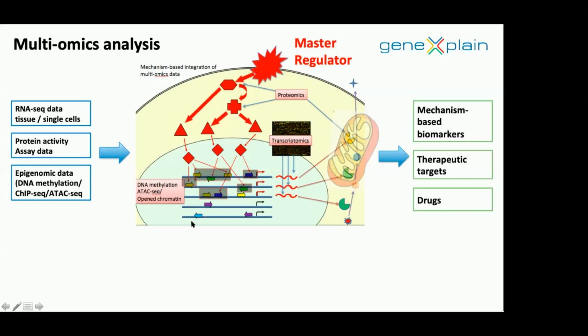There is also a possibility to integrate epigenomics data when, for instance, you have ATAC-seq or ChIP-seq data, which give us information about open chromatin in the genome.